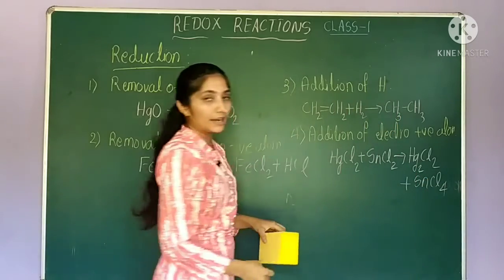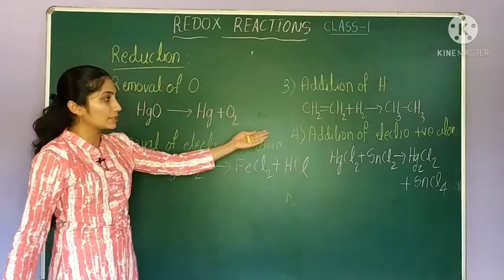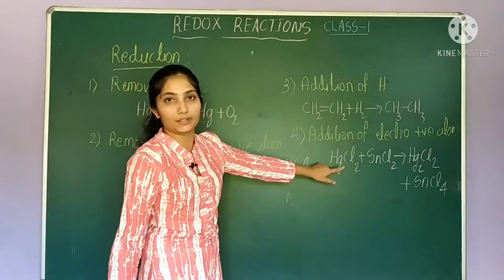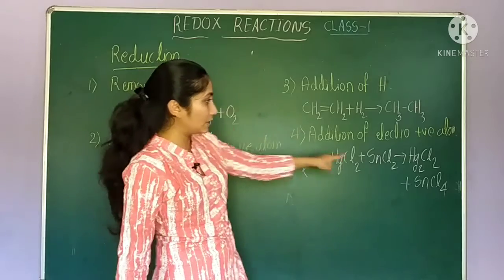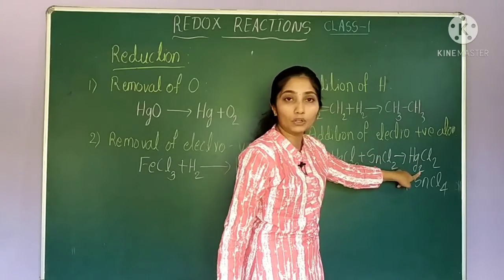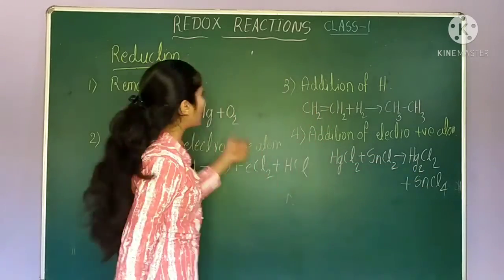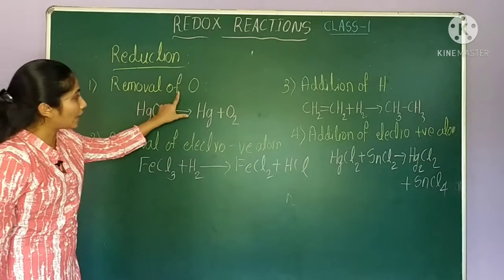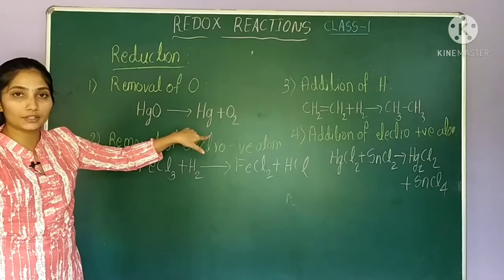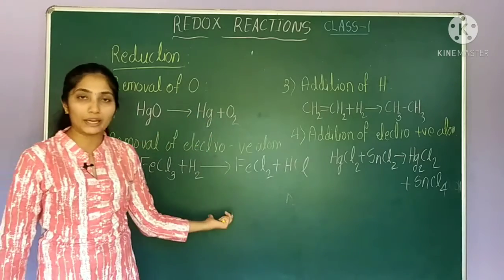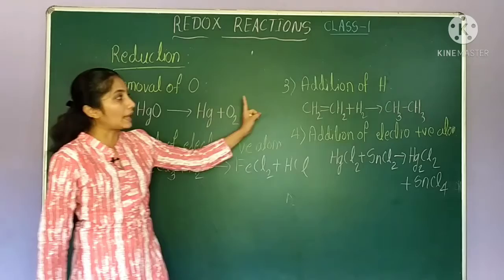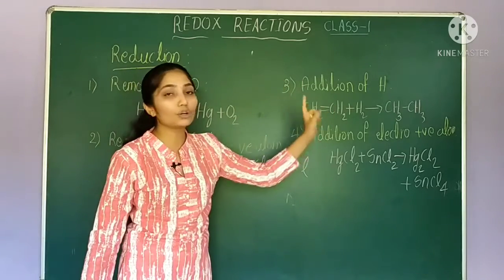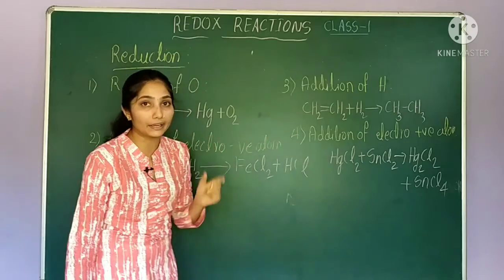These are not balanced reactions, so you should balance them. This is addition of electropositive atom. Here mercury, Hg2+, is the electropositive atom, and on the product side you can see one more Hg. So all these are definitions for reduction: removal of oxygen, removal of electronegative atom, addition of hydrogen, or addition of electropositive atom.